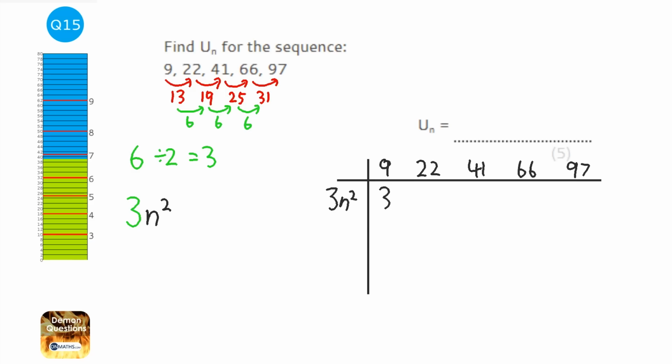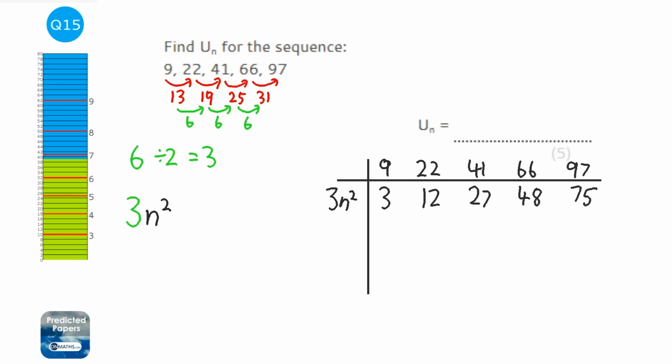So that's going to be 3. 2 squared is 4 times 3 is 12. n is 3 for the third term, so 3 squared is 9 times 3 is 27. n is 4 for the fourth term, so 4 squared 16 times 3 is going to be 48. And then 5 squared times 3 is going to be 75.